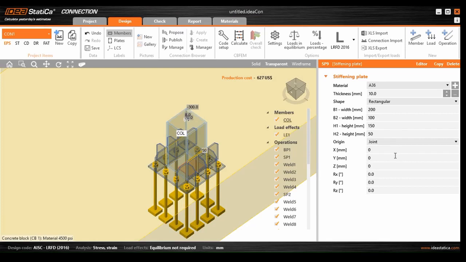Okay. Set the RX value to 90. Change the value of B1 to 150, B2 to 0, H1 to 300, and H2 to 0.